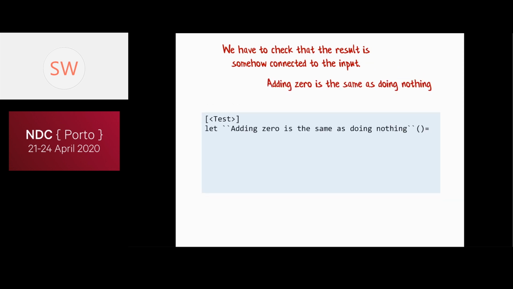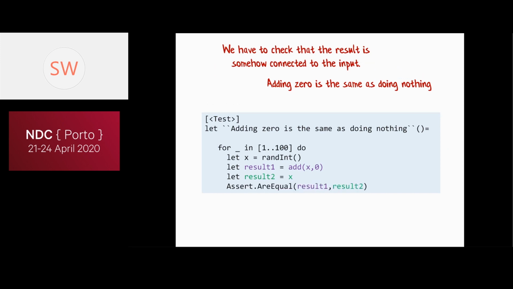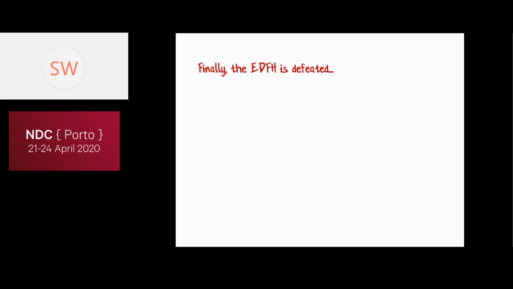So we're going to do it 100 times with a random integer. We're going to add 0 to it, and then we're also going to have the original number, and they should be the same. It should be untouched. So if we add this extra test, this actually will pretty much defeat the enterprise developer from hell.